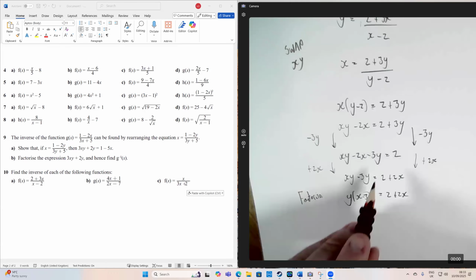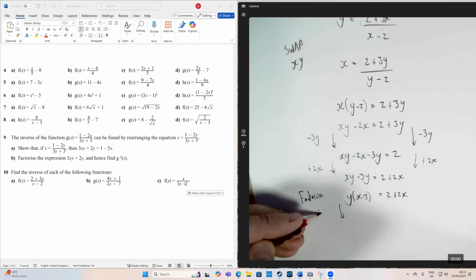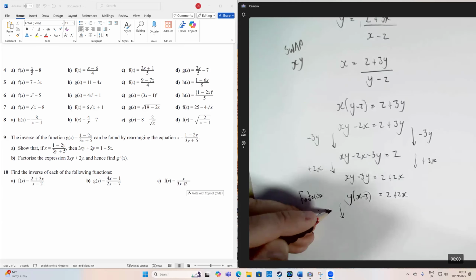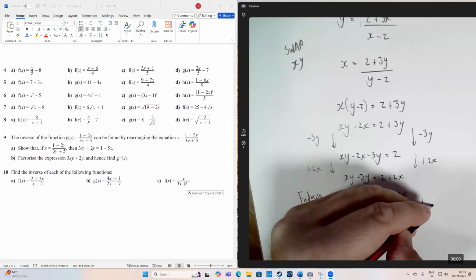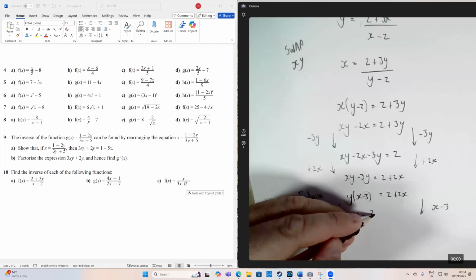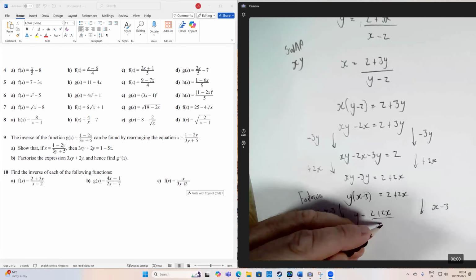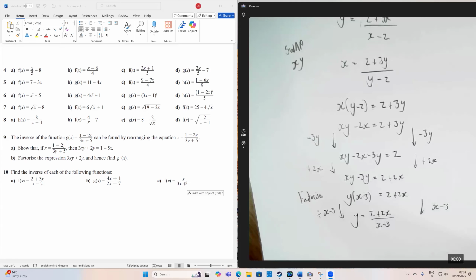So we've taken out a common factor of y. And then finally, we're going to divide the whole thing by the x minus 3 in order to get our final answer. So that gives us y is equal to 2 add 2x, dividing the whole thing by x minus 3. And that is our inverse.